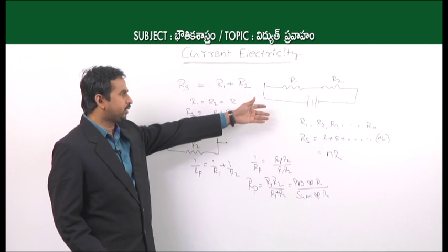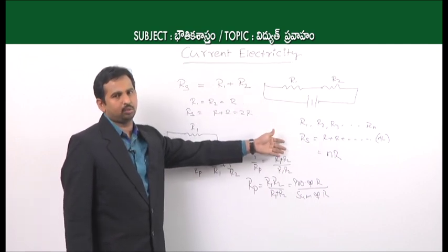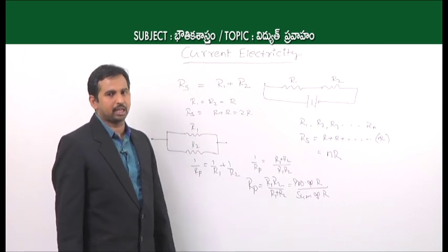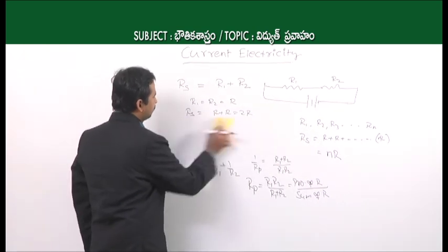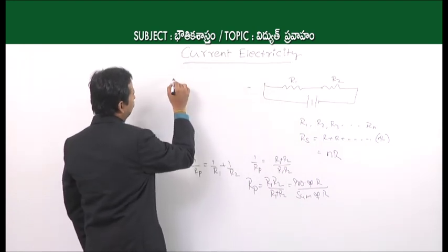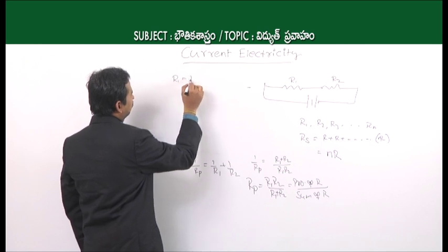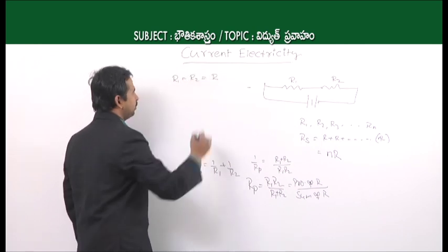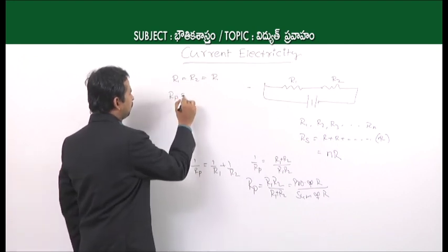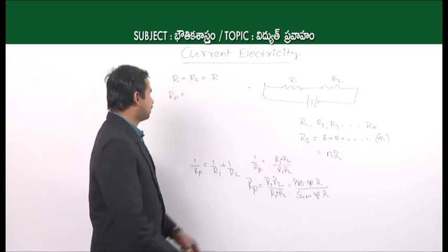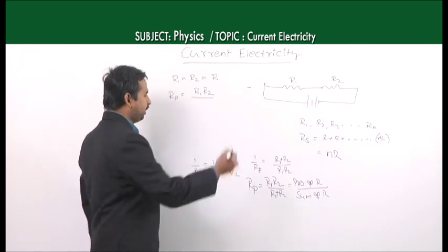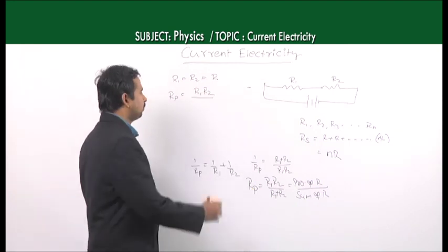Just like the previous case, if we take n number of resistors all connected in parallel, then we find the equivalent resistance. Let us suppose R1 is equal to R2 is equal to R. Then when connected in parallel, Rp is the product of the resistances, R1 R2, by the sum of the resistances, R1 plus R2.